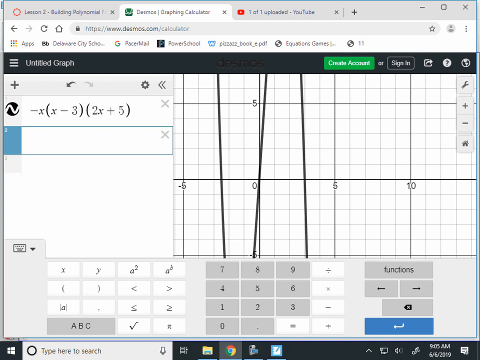Now, if I type my standard form in, -2x to the third plus x squared plus 15x, my graph is exactly the same. So I know that I wrote standard form correctly. If you forgot, say, the x on the end, you would see that your graphs would look a little bit different, so you'd know you'd made a mistake.